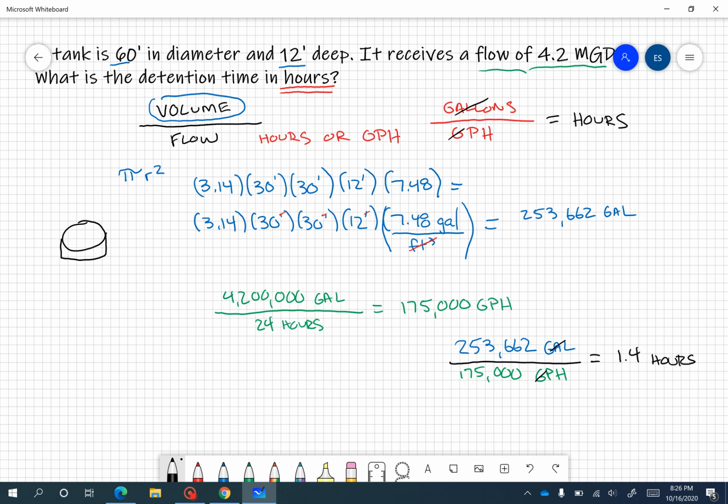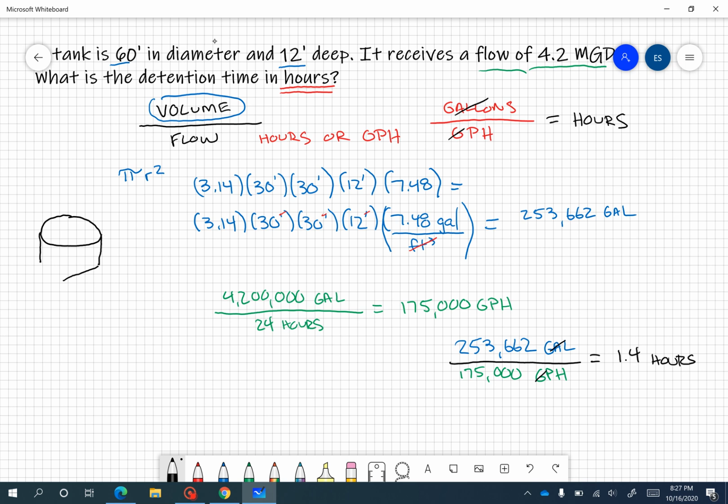Now, all of the questions in your homework are pretty straightforward. I do want to make you aware of something just in case you might see it on an exam. This is based on the concept that, mostly for digesters, but also there is a little bit of a slope in round clarifiers or round settling tanks, the floor is not straight.